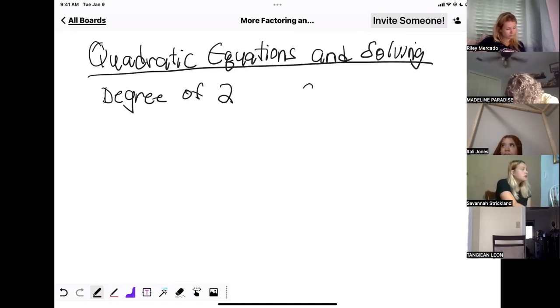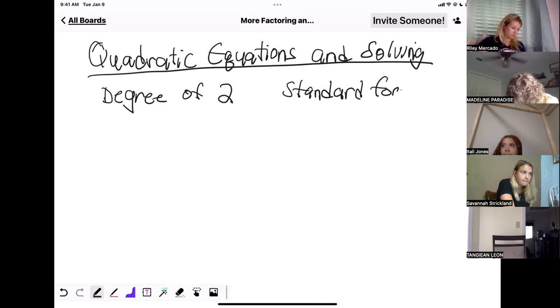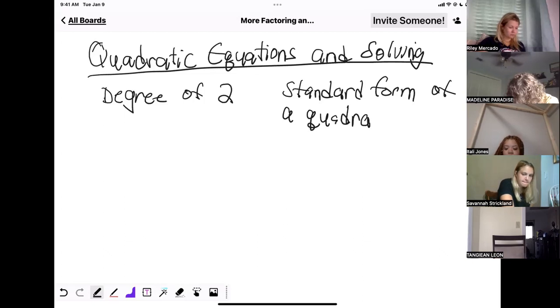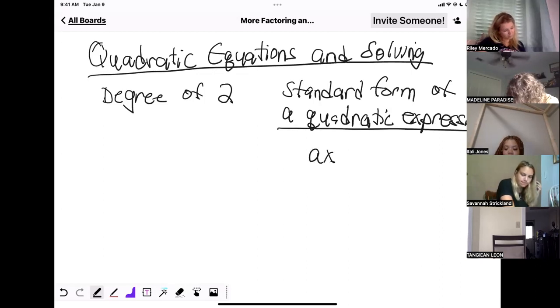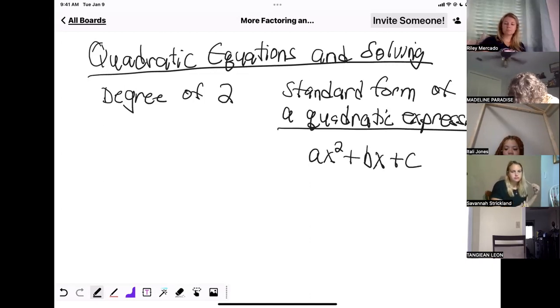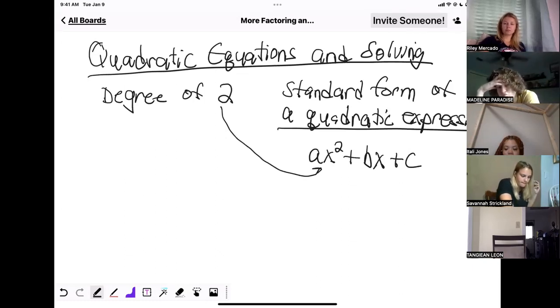Meaning, this is the standard form of a quadratic expression, which I'm going to write down: ax squared plus bx plus c. Notice the highest power is 2, and that's why the degree is 2. If it's not a second degree, it's not quadratic.